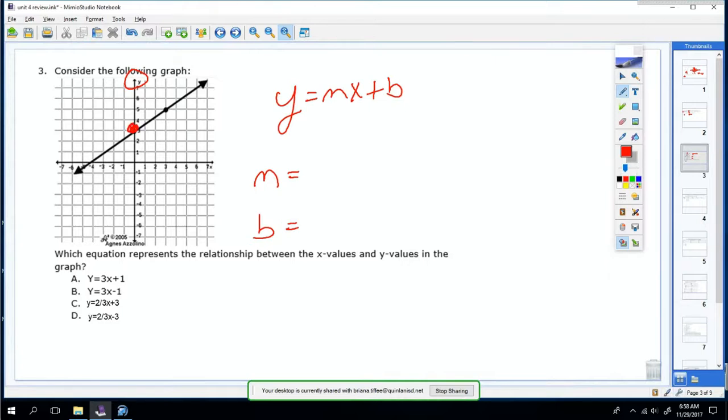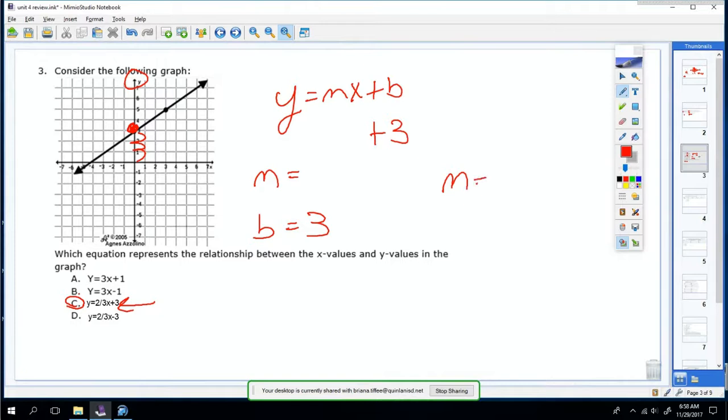That point is a positive 3 because it's 3 up from the origin: 1, 2, 3. So my equation is going to have a plus 3. Looking at my answer choices, the only one that has a plus 3 is C, so C is the answer.